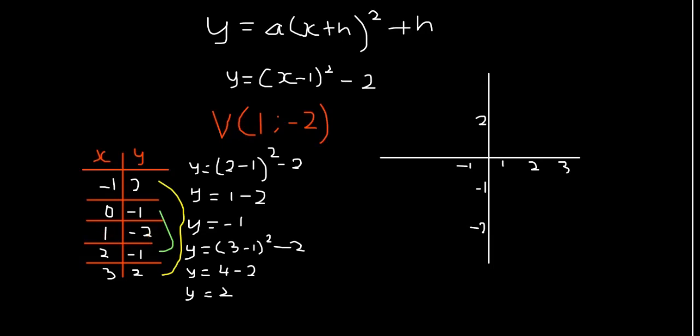That's our vertex point here, that's our turning point actually. Then where there is 2, there is -1 in the y values. This is another point that we have. Then where there is 3 in the x values, we've got 2 on the y values.